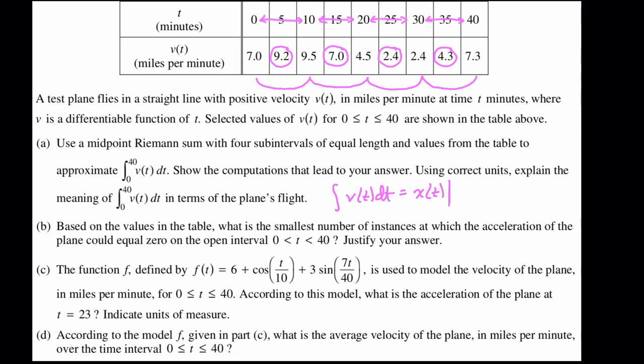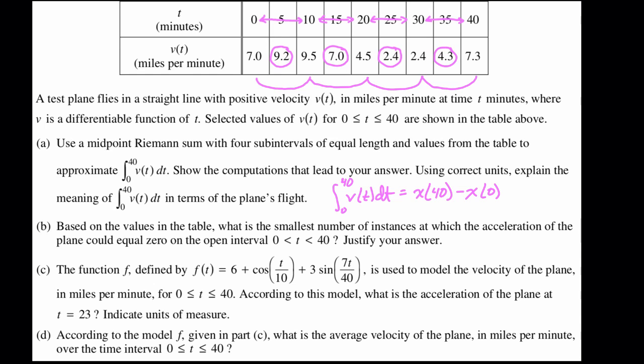But then we evaluate that position between 0 and 40 because we're doing an integral from 0 to 40. What that means then is that your integral is going to equal x of 40 minus x of 0.